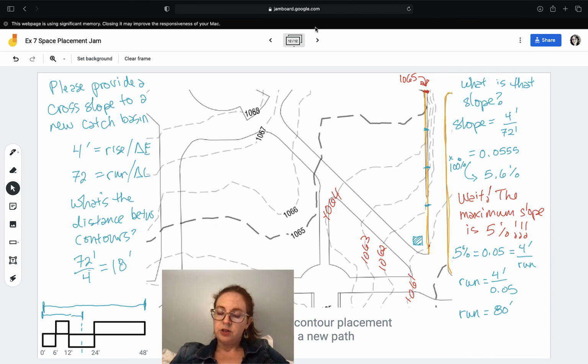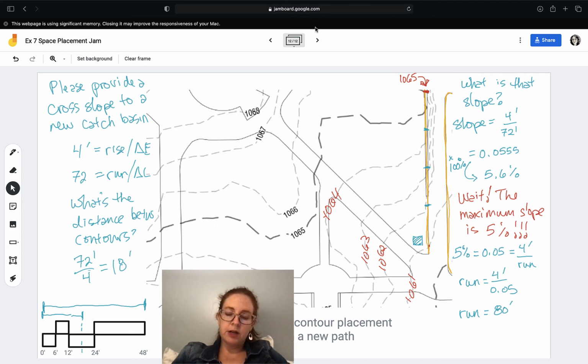Well, actually, I am in a little bit of a pickle. Let's see what 80 feet would be. Okay, I'm going to go back to my graphics scale, and I'm going to go to my 48. So I already know that this distance is 72.